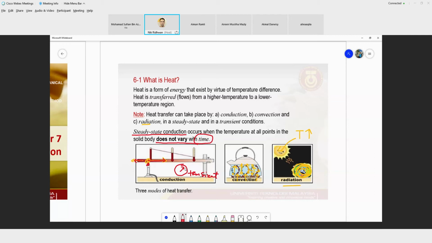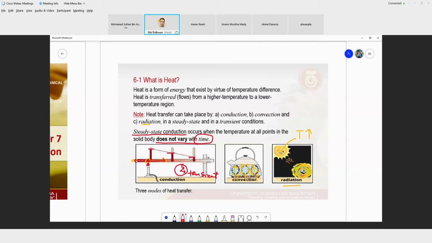And in fact, in reality, it will change in time until we find that at one stage, even though you keep heating this source or region, if you measure it even for maybe 1 hour, 2 hours, or 3 hours, the temperature will become constant.